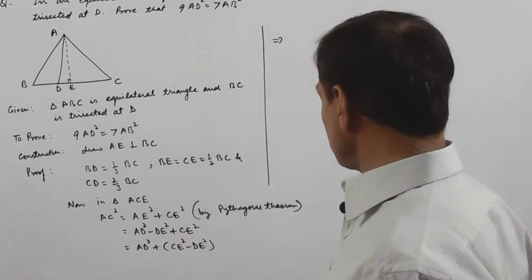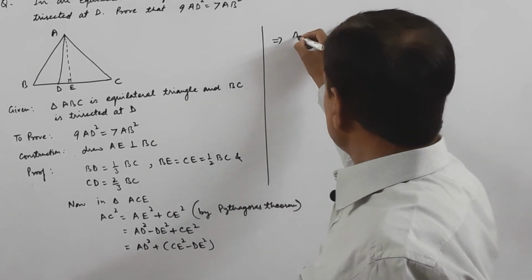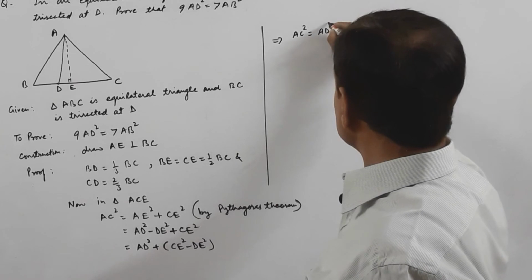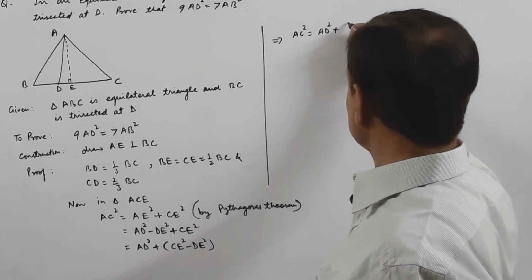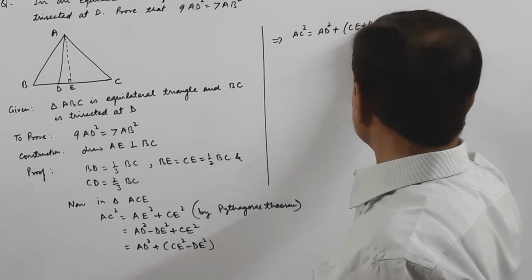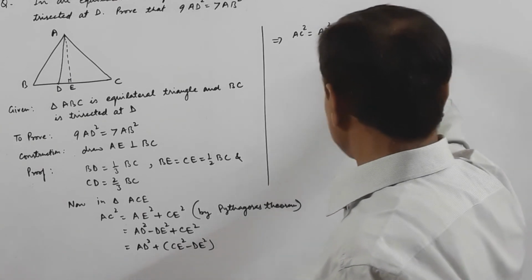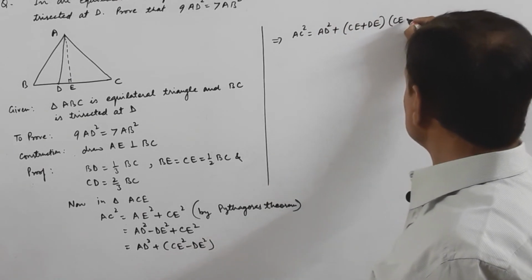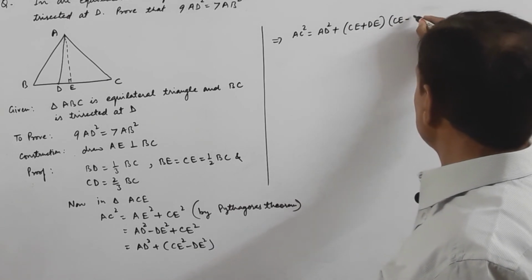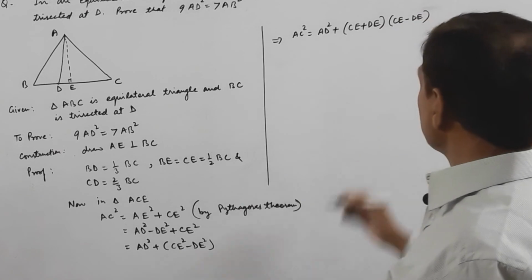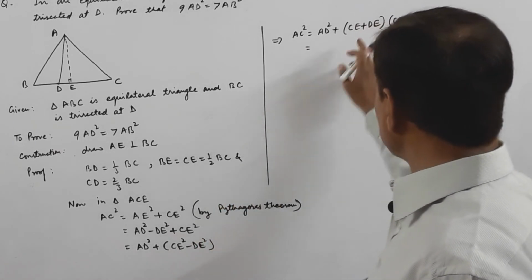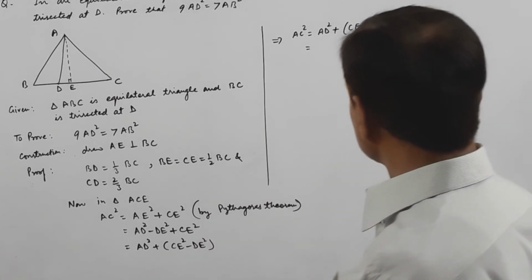It further implies that AC² is equal to AD² plus (CE plus DE) into (CE minus DE), because a² minus b² is equal to (a plus b)(a minus b).